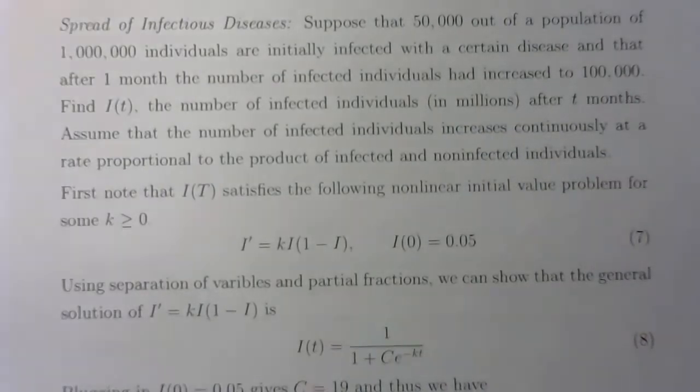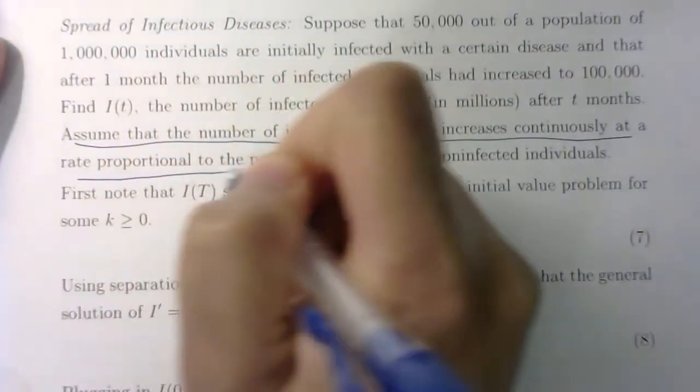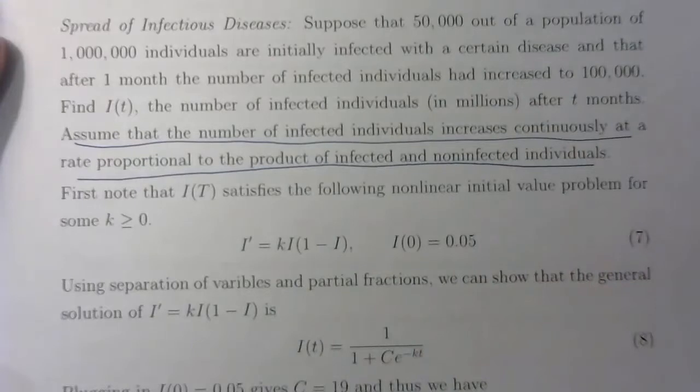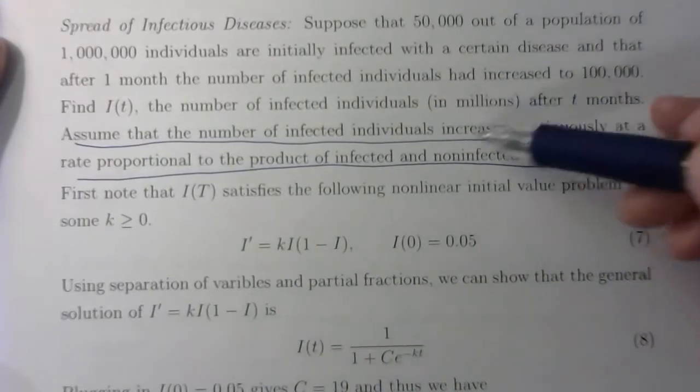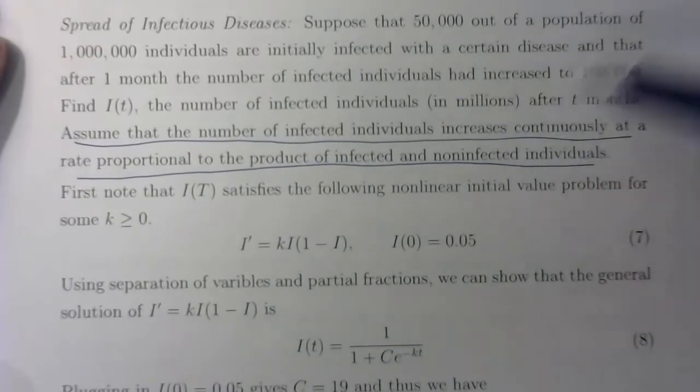If we assume the following model, let's say that the number of infected individuals increases continuously at a rate proportional to the product of infected and non-infected individuals. Okay, so how do we write this model? So we said we have 1 million people, right? And we want to write the population in millions. So it's going to be somewhere between 0 and 1. And we want that the rate of change, so I prime, is proportional to the product of infected and non-infected.